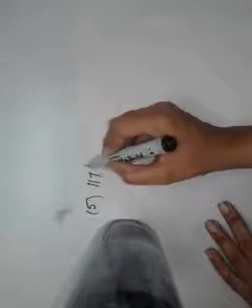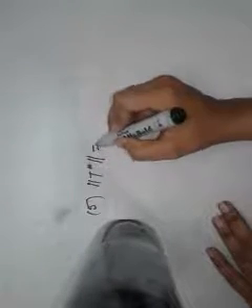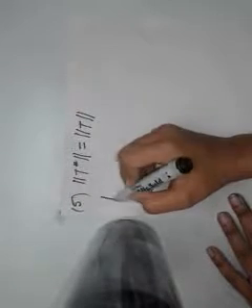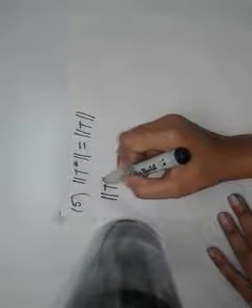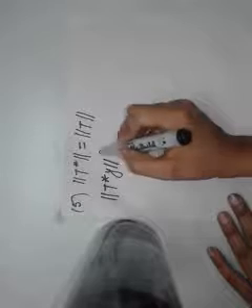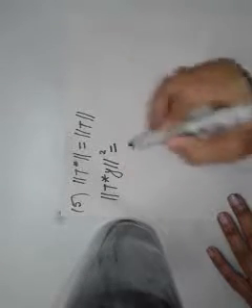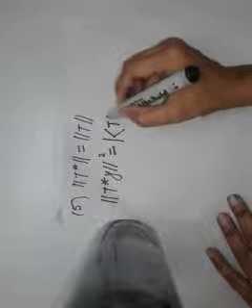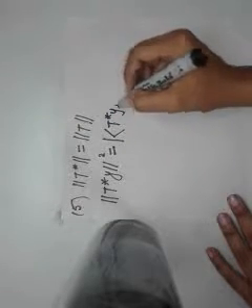Norm of T star is equal to norm of T. To prove this, we will be taking norm of T star y whole square is equal to, norm can be written in the form of inner product, like this.